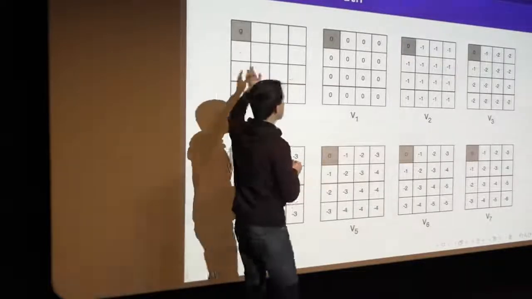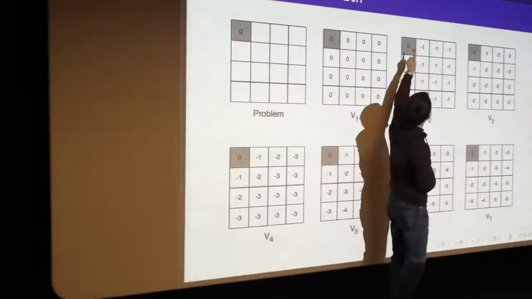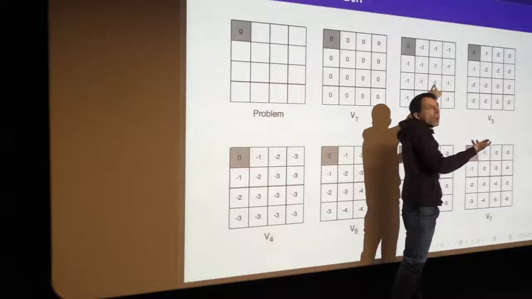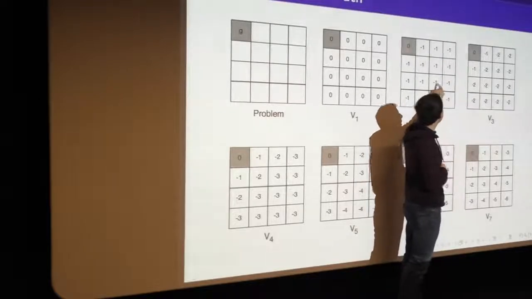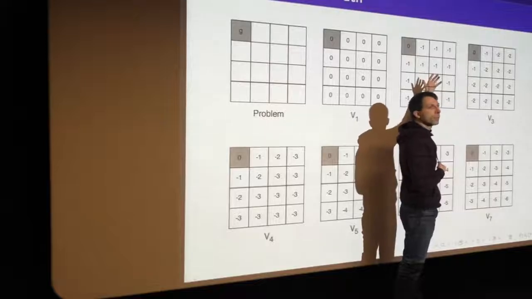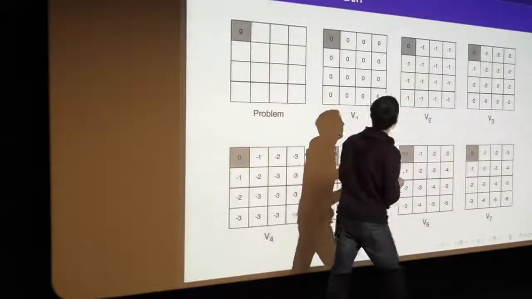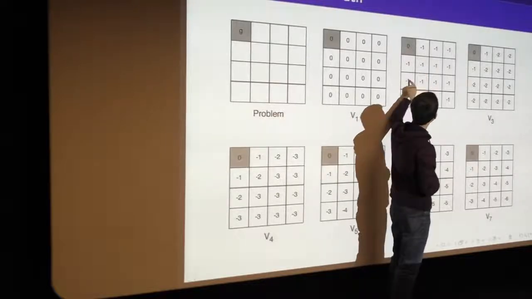So we start off with some arbitrary estimate, all zeros, and we update all the states, not just the ones next to the goal. We update this state as well. We don't know until we try it, until we do our 1-step look ahead. If we did a 1-step look ahead from here, this might have taken us to the goal. And so we update everything. We update all states by doing a 1-step look ahead, by maximizing over all of the things which I might do.